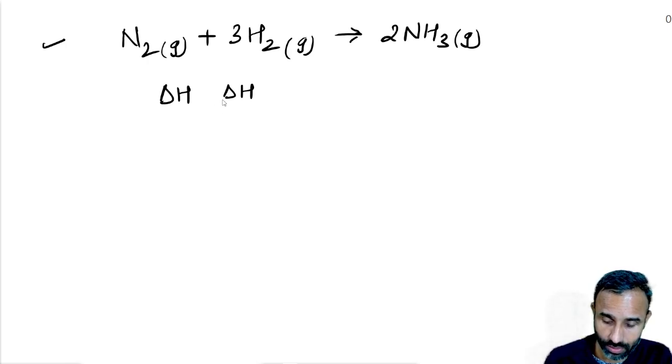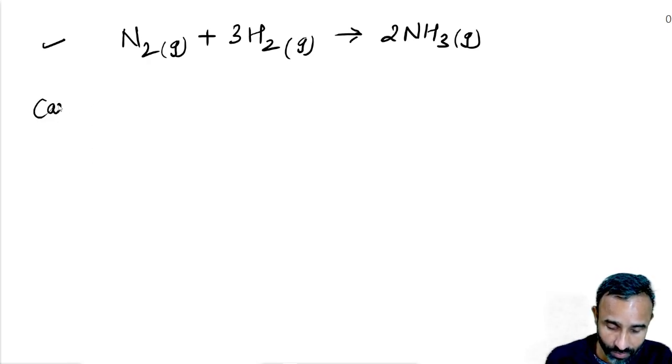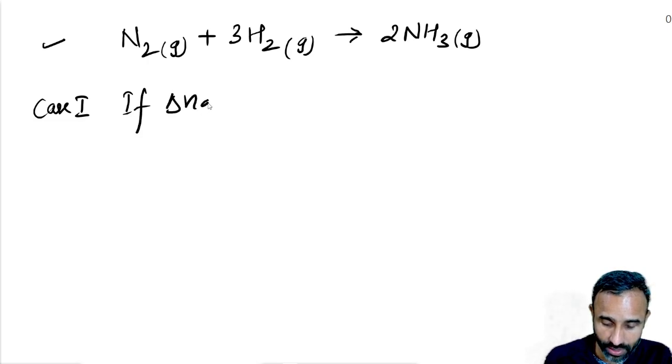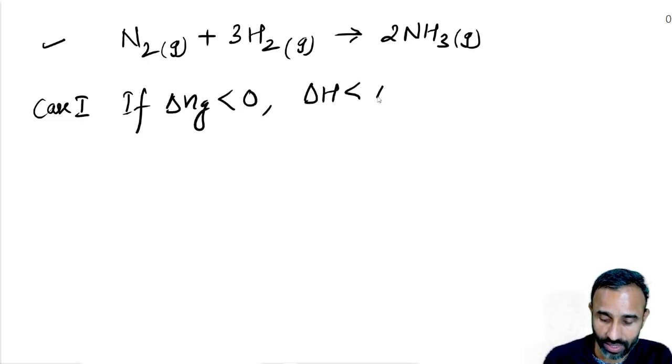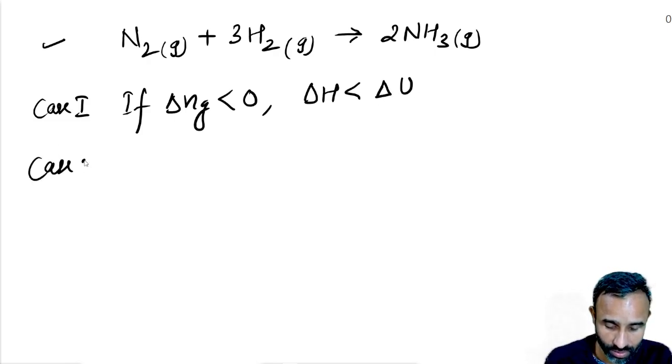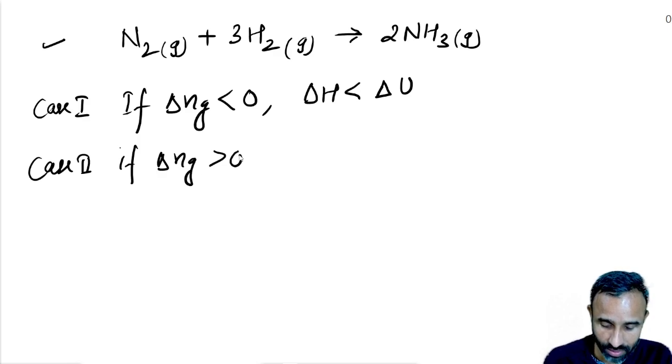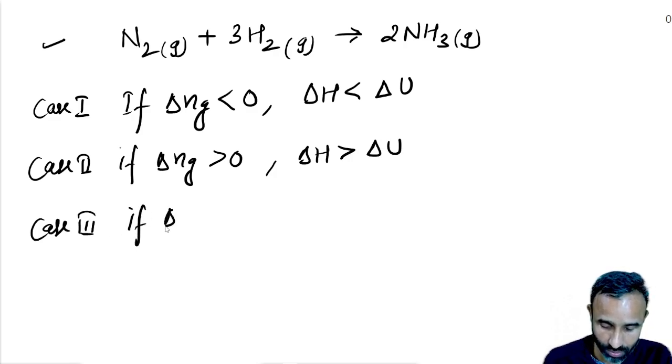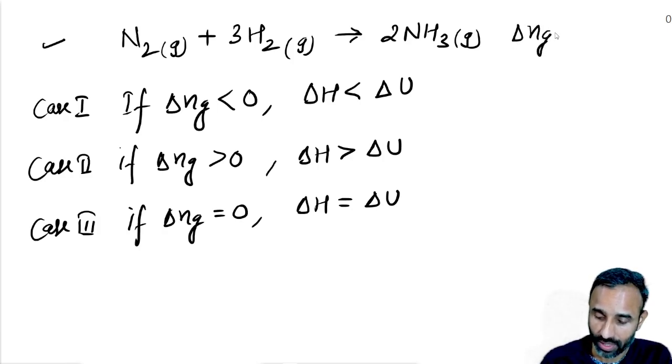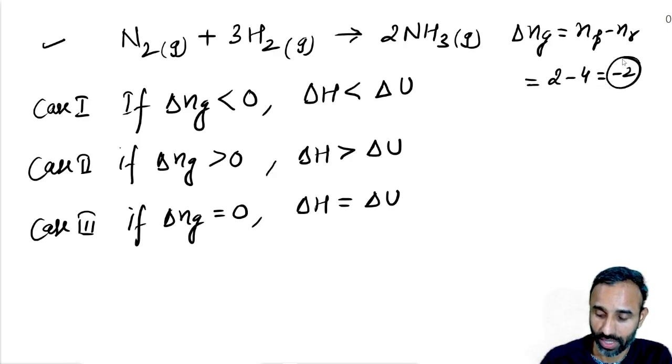Case 1, if delta ng is less than 0, then delta H is less than delta U. If delta ng is greater than 0, delta H is greater than delta U, and if delta ng is equal to 0, then delta H is equal to delta U. In this case, delta ng is product minus reactant, so 2 minus 4, that means minus 2, so it is less than 0, so delta H is less than delta U.